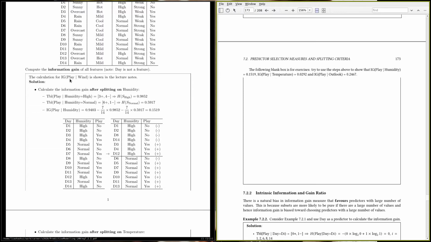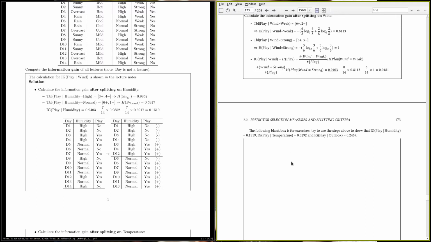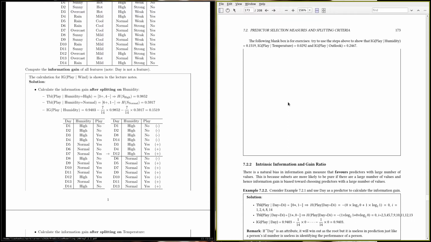As mentioned, the calculation for wind is already given over here, so I'm not going to repeat it. The solution for the blank part here actually starts here. Apparently the table in the notes is small because I did not include this table here. The calculations are not complicated.